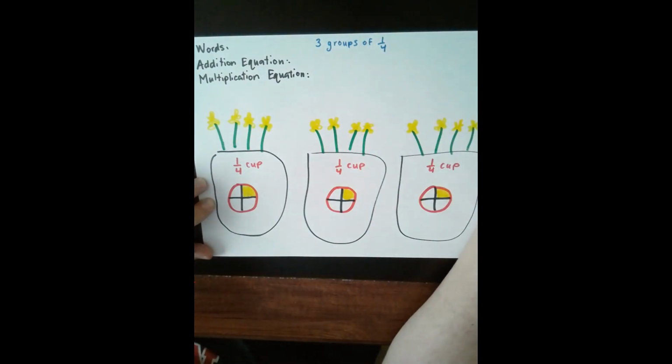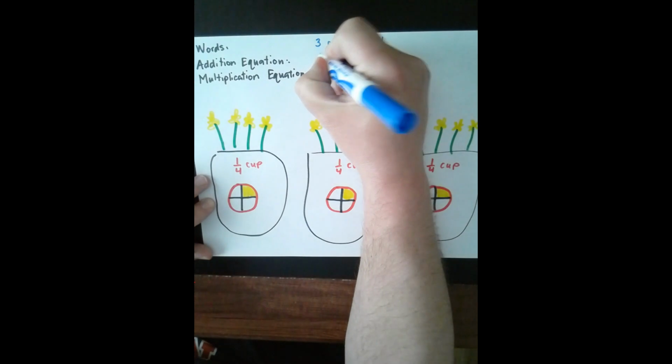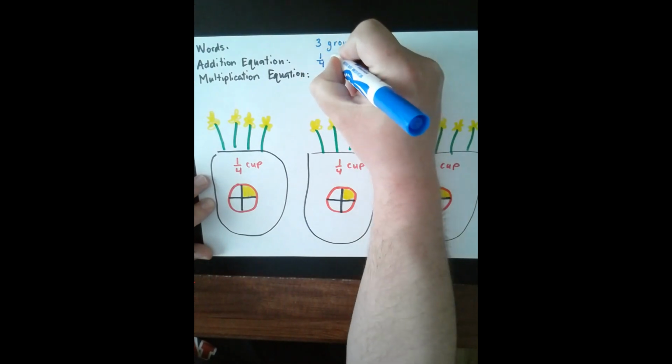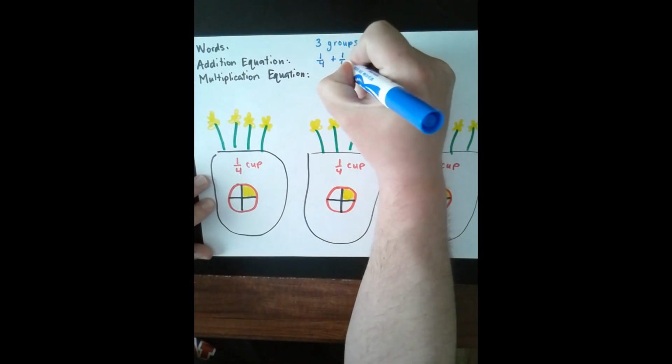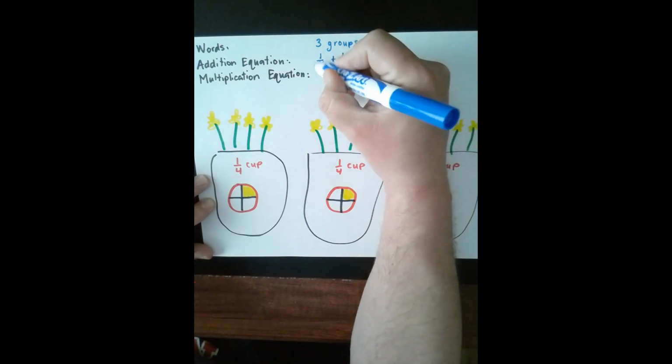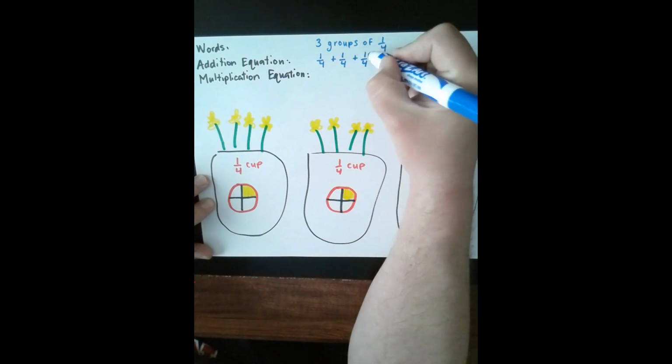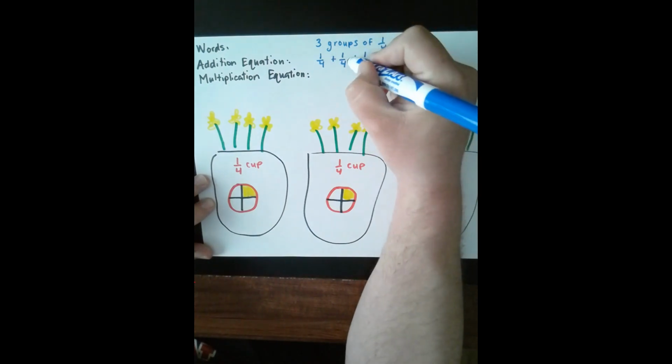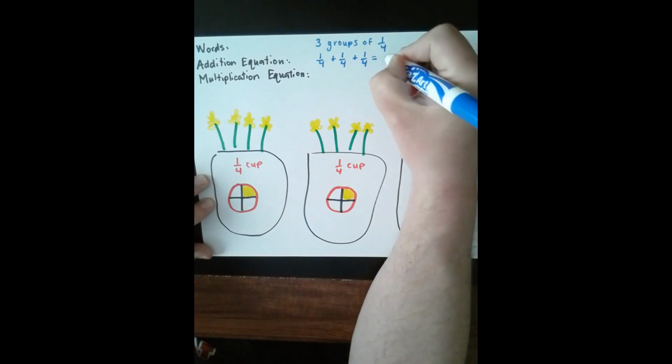So when I write that as an addition equation, I would go 1/4 plus 1/4 plus 1/4. Again, 1 group of 1/4, 2 groups of 1/4, 3 groups of 1/4. So here we are, 1/4 plus 1/4 plus 1/4, we know equals a total of 3/4.